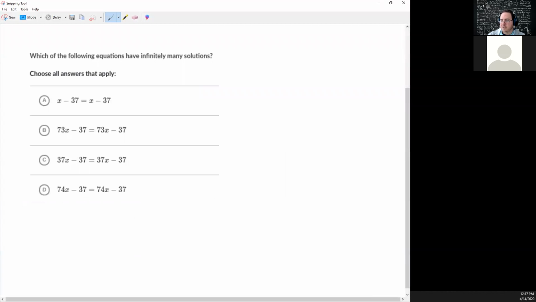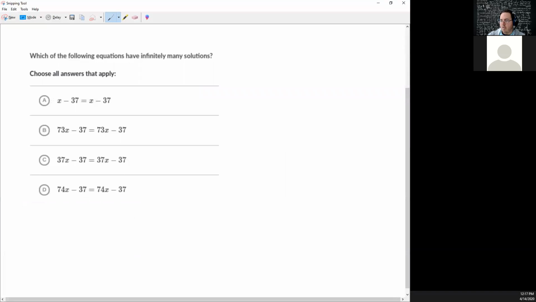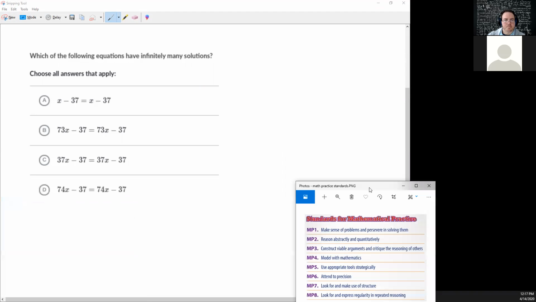So this is one of our challenge questions, where it's asking us to figure out which of the following have infinite. Okay. So let's do some abstract reasoning here real quick. So the infinite many solutions. What is? Come on, mouse. Why are you doing that?